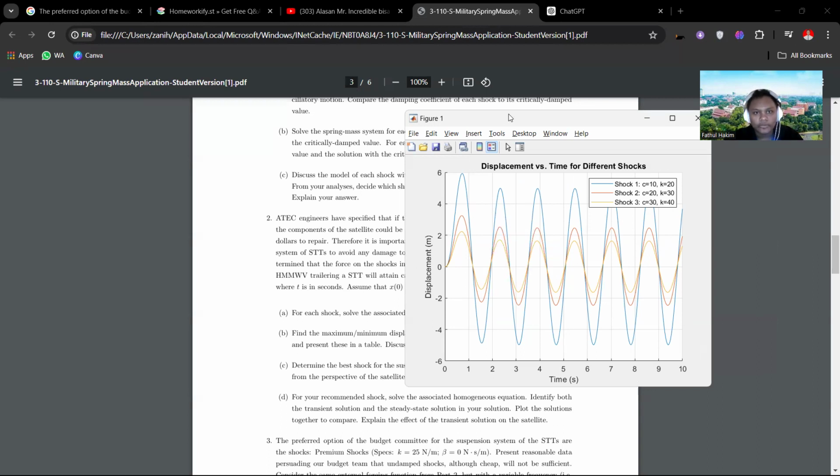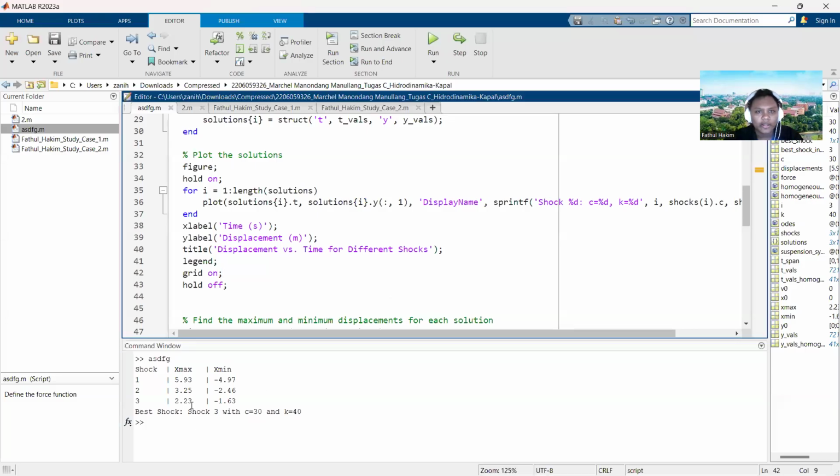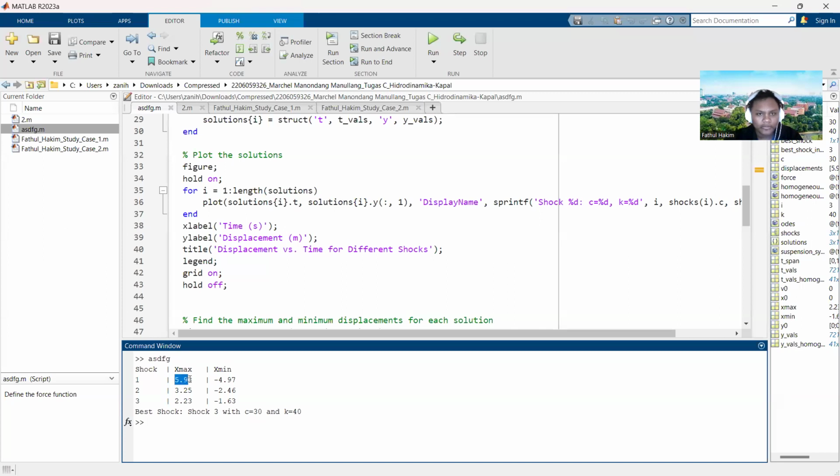Now, going to find the maximum and the minimum displacement. The maximum displacement is 5.93 and the minimum displacement is minus 4.97.